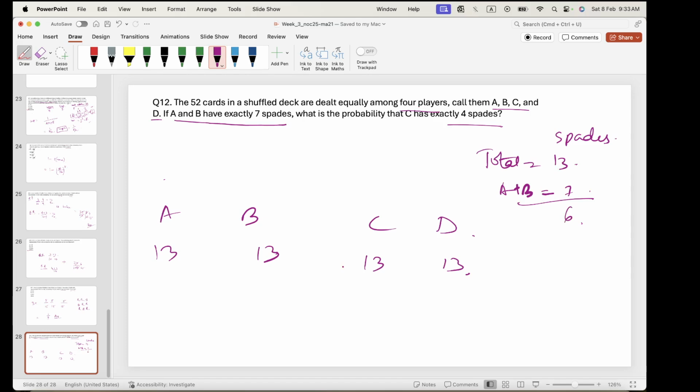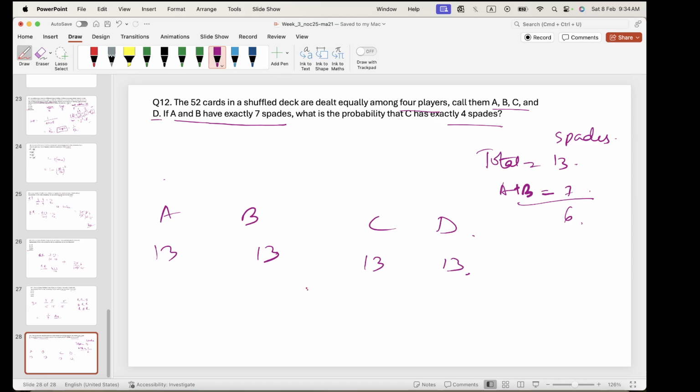And out of this 6, C has to choose exactly 4.